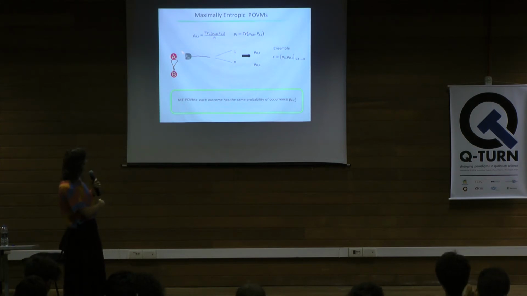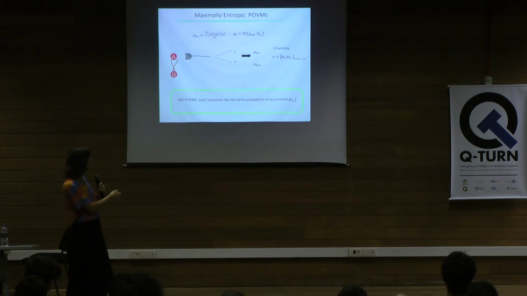So the scenario is the following. I have a bipartite state, and I'm doing some measurement on part A, and I'm preparing part B, okay? And I'm doing this as general as I can, so I have these POVMs. One element of the POVM is preparing B in one of the states.